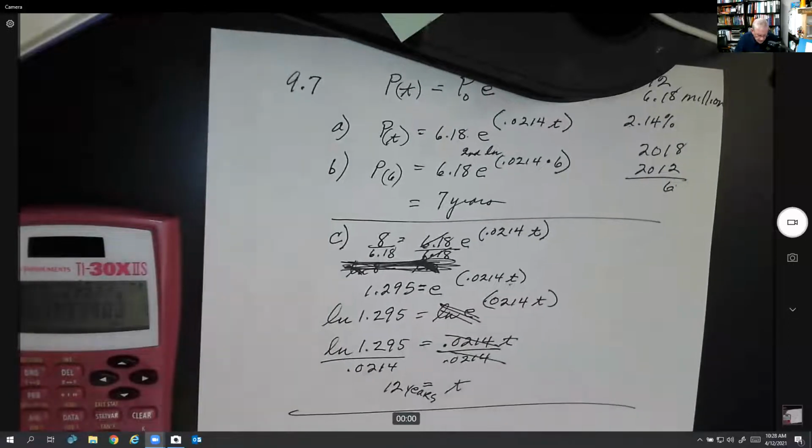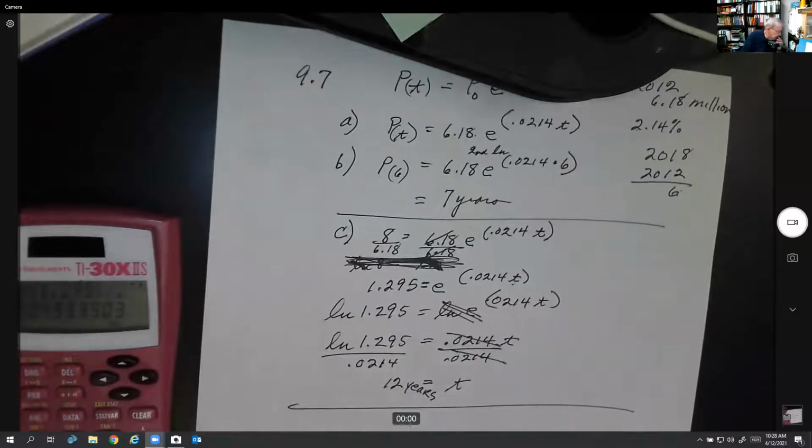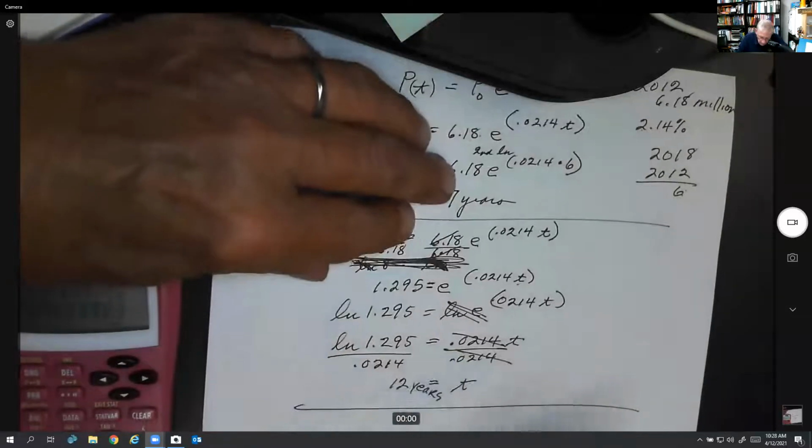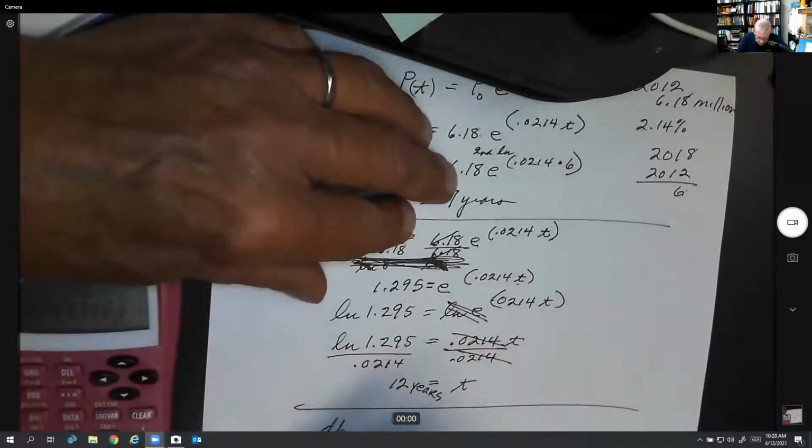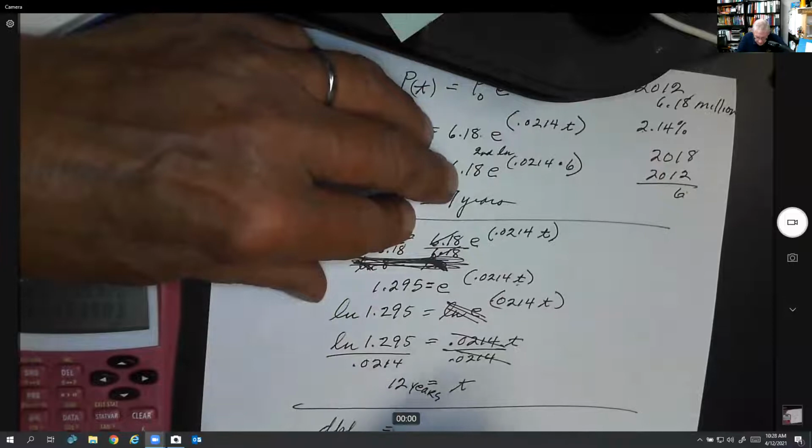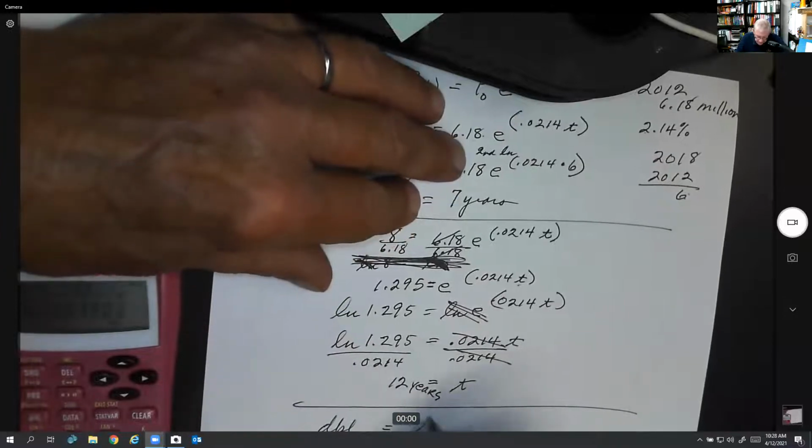And the last part of this problem is find the doubling time. Well, doubling time is t is equal to ln 2, always ln 2, divided by k.